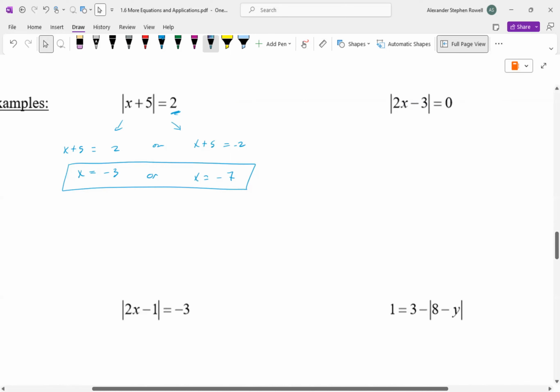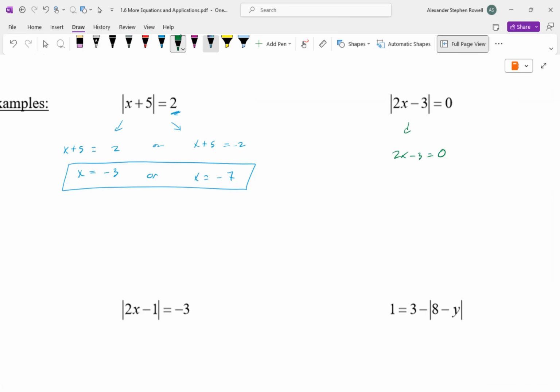But you can check. The next one, the absolute value of 2x minus 3 is equal to 0. Which means what? We have one solution because 0 has no sign. It's neither positive nor negative. So we say that 2x minus 3 is equal to 0, add 3 to both sides, divide by 2, x is equal to 3/2 is our one solution.